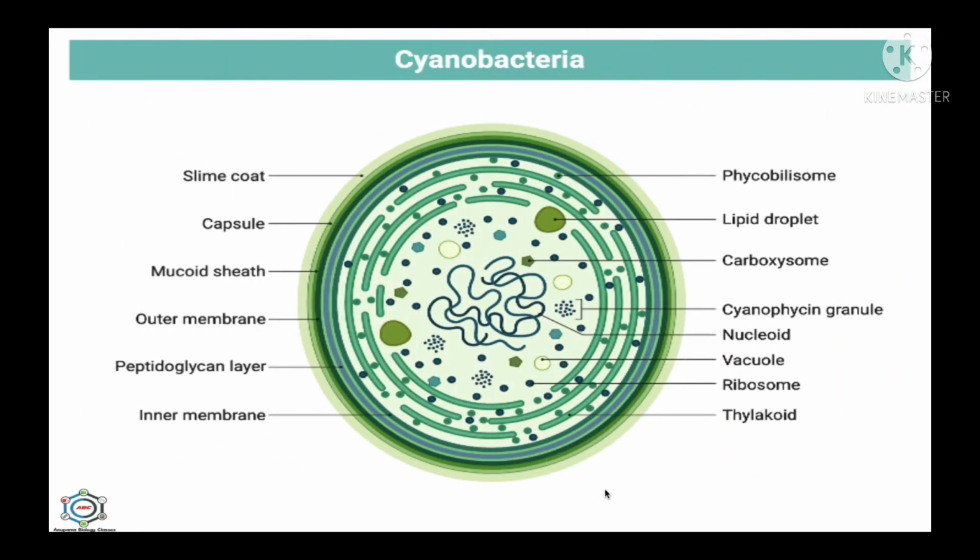The cell wall is firm and rigid. It is two-layered. The outer layer or outer membrane is convoluted and the inner layer is smooth. The inner layer is made up of peptidoglycans similar to the bacterial cell wall.